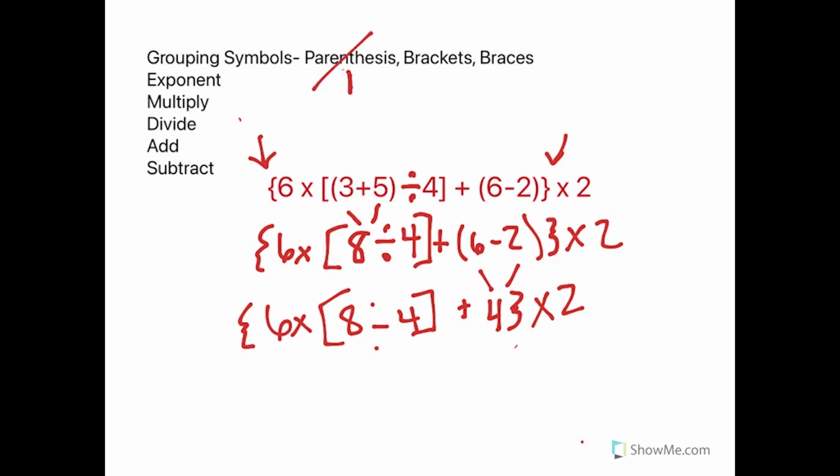Okay, so now we can cross the parentheses off the list. We did those. Now we're going to do the brackets. Remember, the brackets are these guys. So we're going to do 8 divided by 4, which is 2.